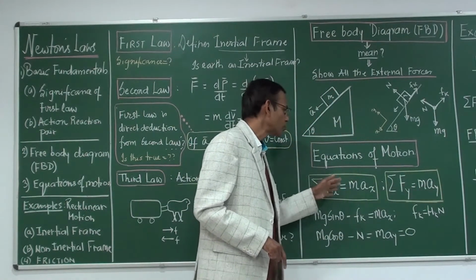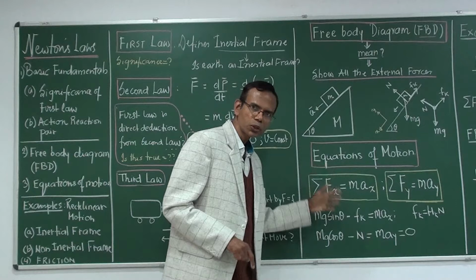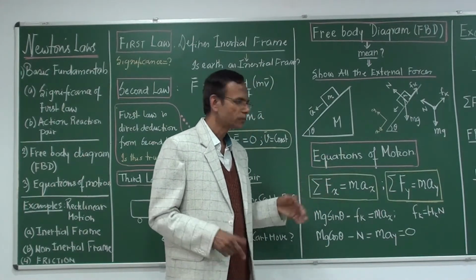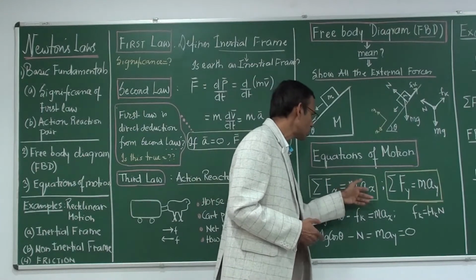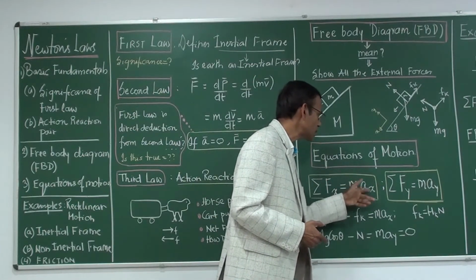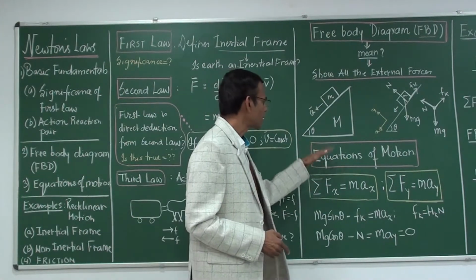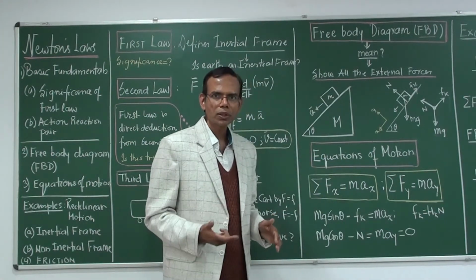That will give you the expression of velocity as a function of time. So you can calculate velocity as well as acceleration, and that is why these are known as equations of motion.